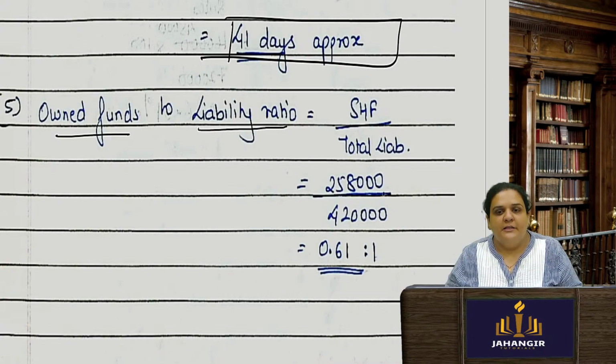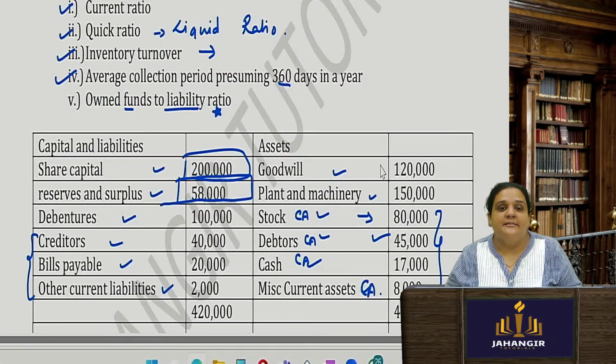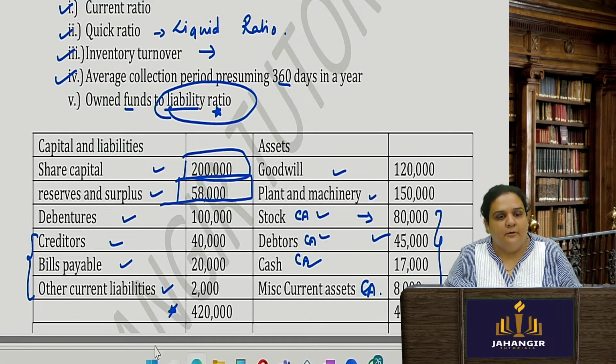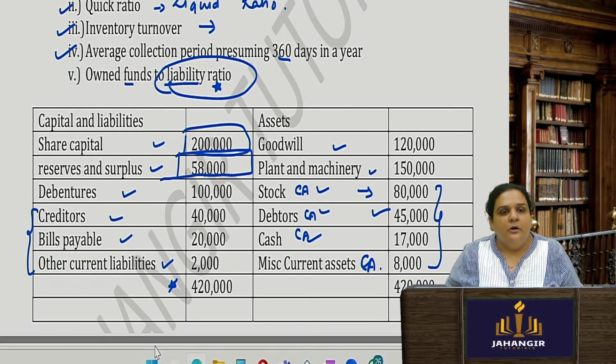So 2,50,000 upon total liability side, which is 4,20,000. If you are doing own funds to liability, you are just taking these balance liabilities, where debentures, creditors, bills payable, other current liabilities, only this you are taking.